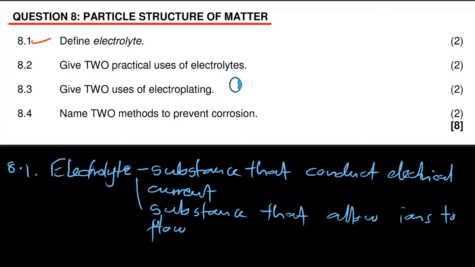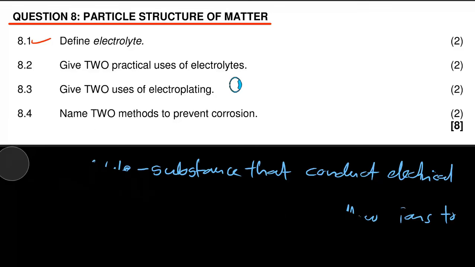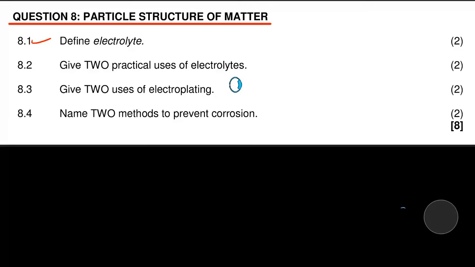It's a substance that allows charges to be transferred. By charges you are referring to electrons, ions, anything that is charged. So an electrolyte will allow those charges to be transferred from one place to another. So that is the first part.